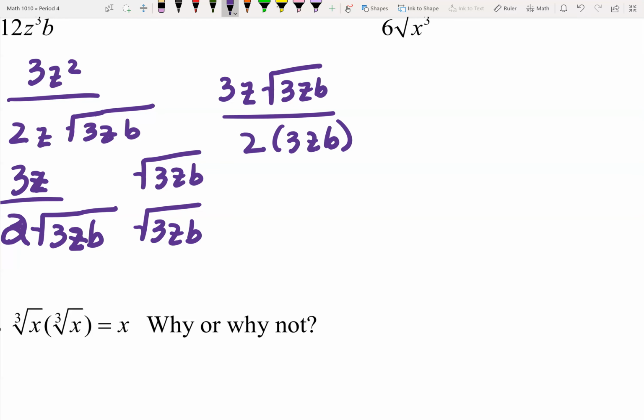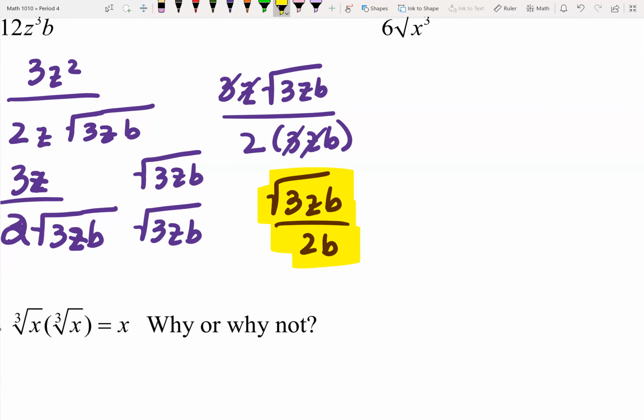How many best friends are in this group of friends? There are 2. One on the top and one on the bottom. So can I cancel those 3s? Sure. I could make it a 6 and then reduce, but it would do the same thing as if I just reduced right now. How about the Z's? Outside, outside. Can I do those? You bet. ZZ, those are gone. On the top, I have 3ZB. On the bottom, I have 2B. That's my answer, and I'm done.